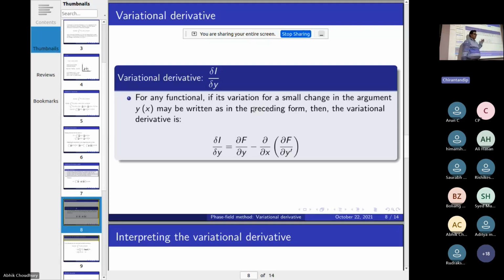How to picturize this? See, if you think of a derivative, you can think of it as a slope, right? How do you picturize a variational derivative? You're doing some small change to a function.